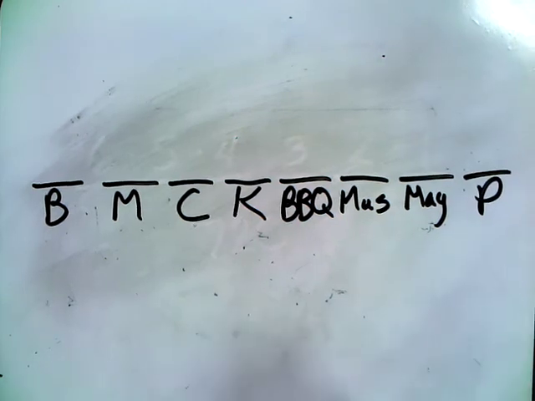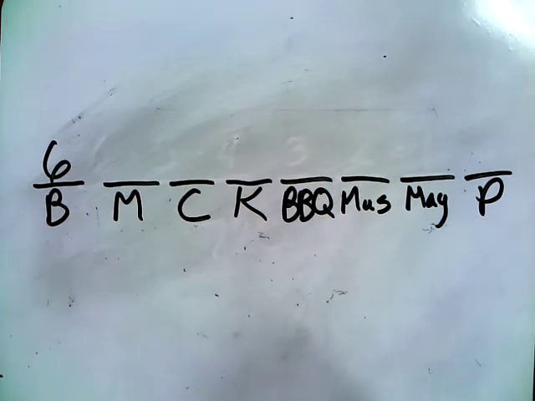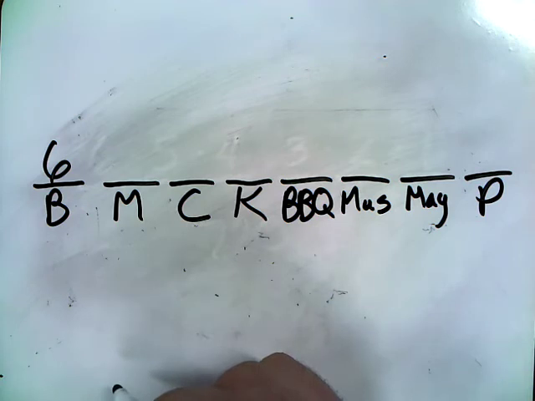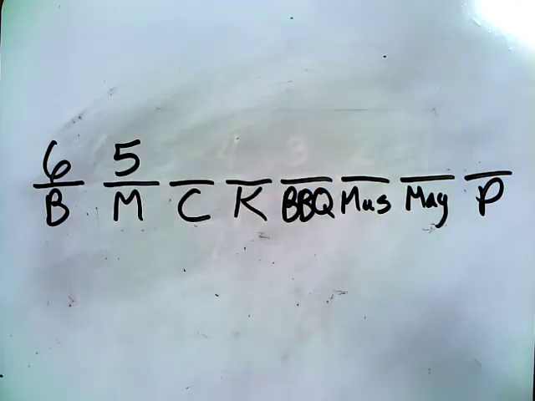And so let's say they've got 6 different types of bread. Let's say when it comes to meat, they've got 5 different kinds of meat that they can make for you.